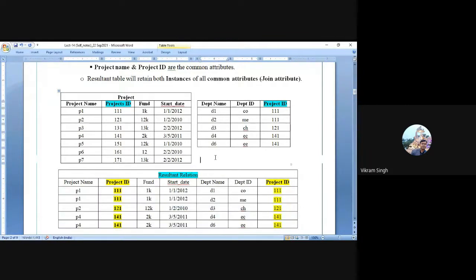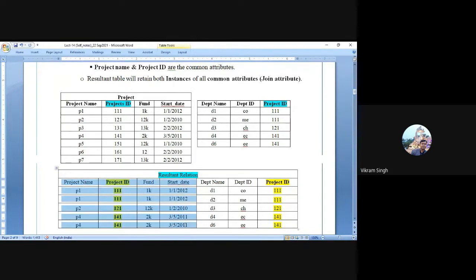But the only concern is that in the resulting relation, we have two instances of the same attribute. It is natural, because the first four attributes come from the database table project, and the last three attributes are inferred from the database table department.